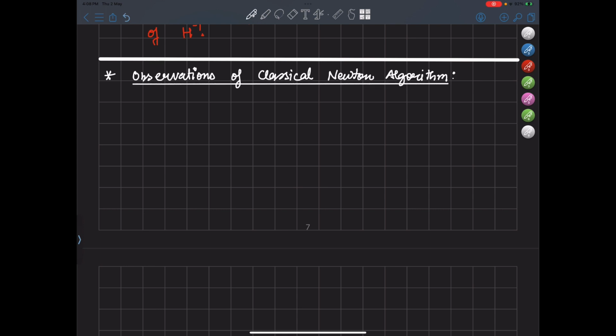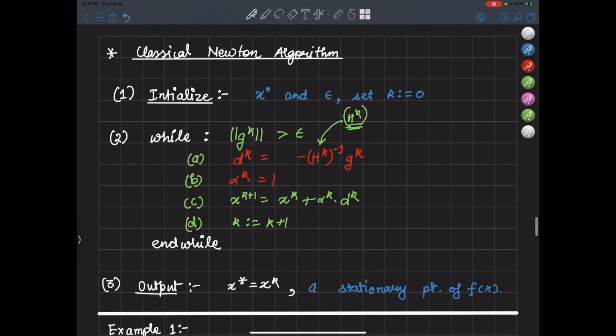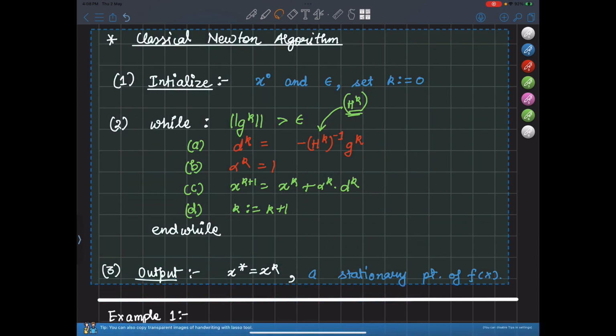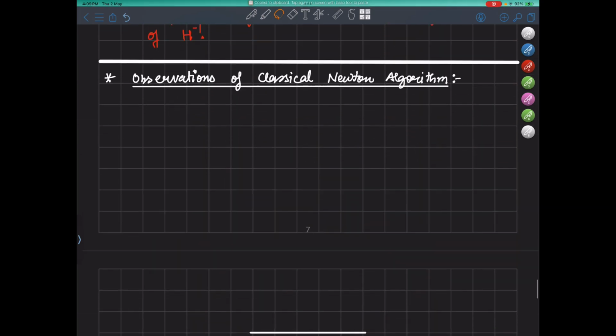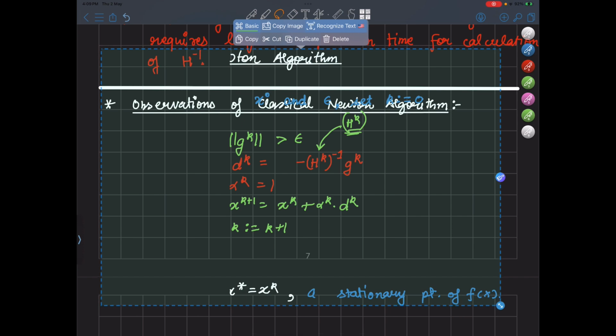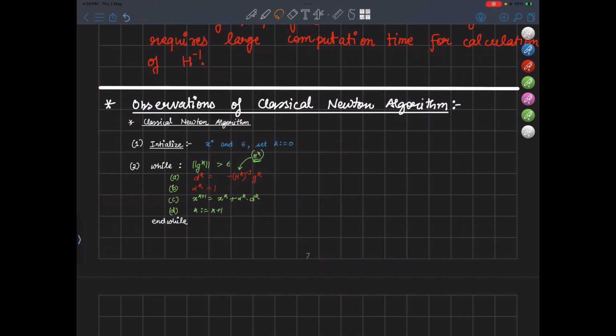So let me just first copy the algorithm so that we can have a look at it.